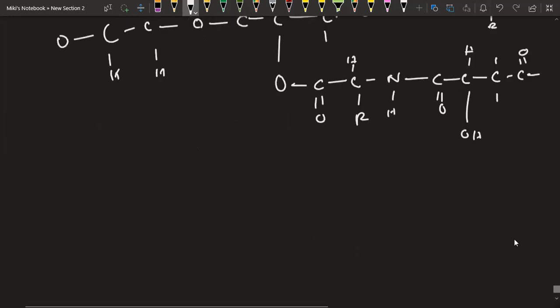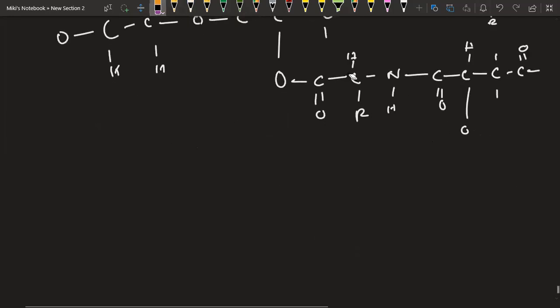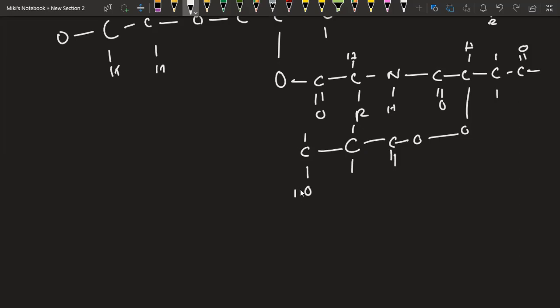And let's say now below here, we have another OH, which in turn will further react with some other carboxylic acid. And what happens? It goes on and on and on. CH, HN, C, H, OH. It goes on.